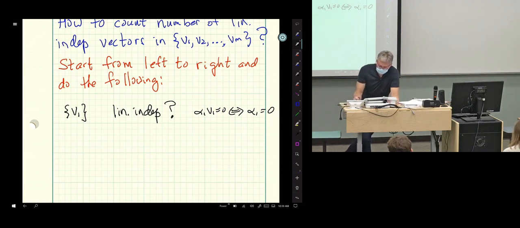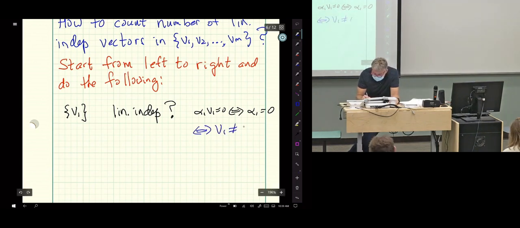That'll be true if and only if V1 is not equal to 0. And that is correct. Totally correct. So that's if and only if V1 is not the 0 vector. Okay, so let's just suppose that's true. So suppose V1 is linearly independent.